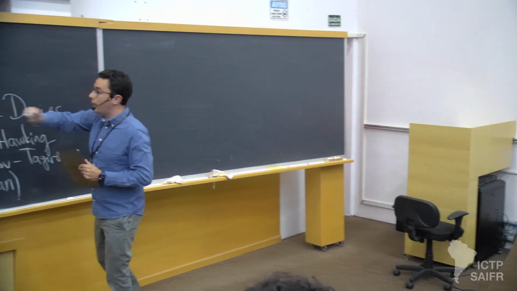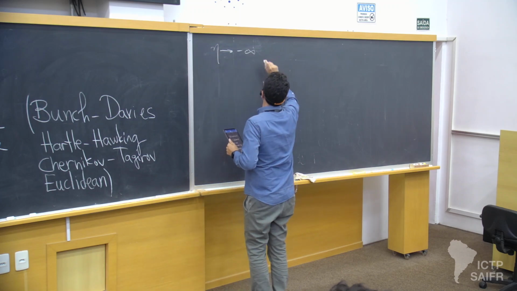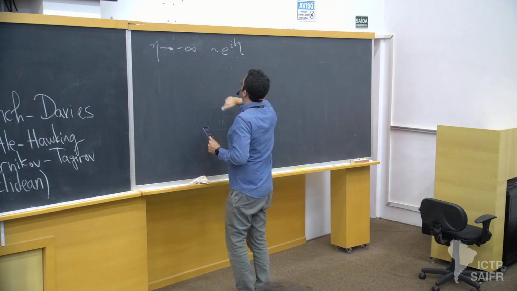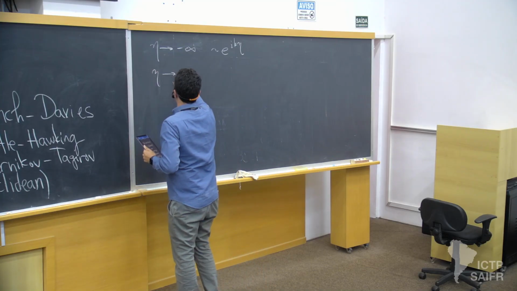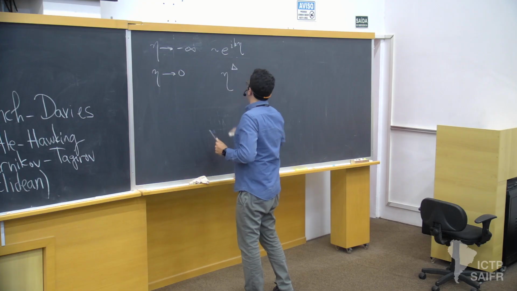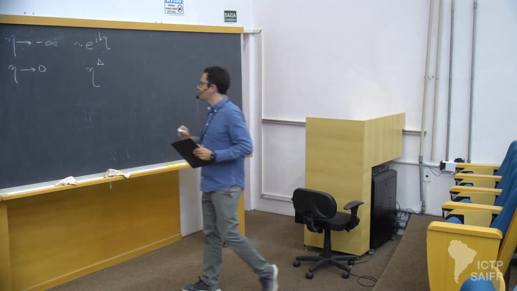So when does the behavior change? As eta goes to minus infinity, it looks like e to the i k eta. As eta goes to 0, you can plug in an ansatz, eta to a certain power, and you are all holographers, so I'm going to call it eta to the delta.